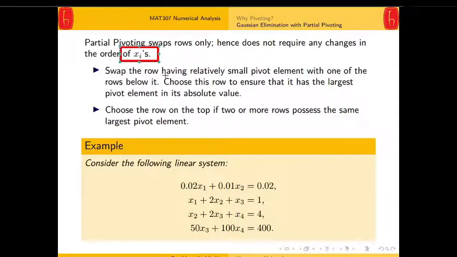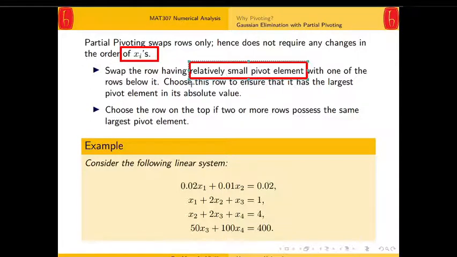We swap the row having a relatively small pivot element. So we compare the possible pivot elements, and then we swap the row having a relatively small pivot element with the one below this row.